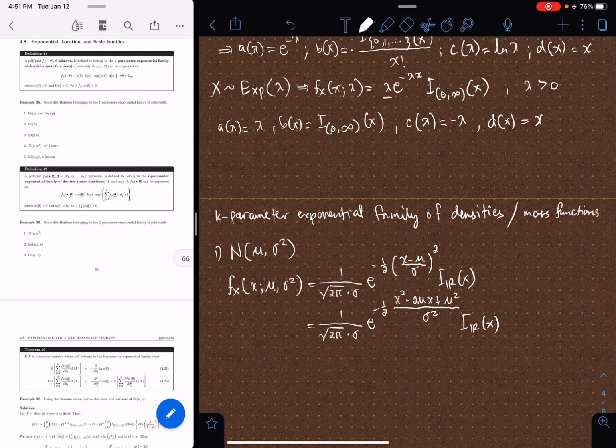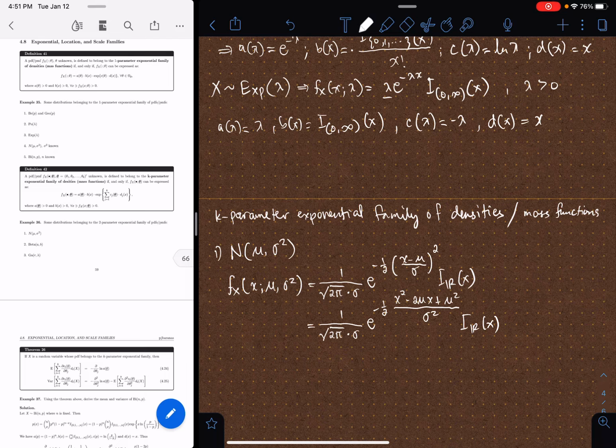Okay. So, ano yung kailangan natin? Dapat meron tayong a of the parameter. A function of the parameter. Parameters, rather. So, dito yung parameters natin are mu and sigma squared.